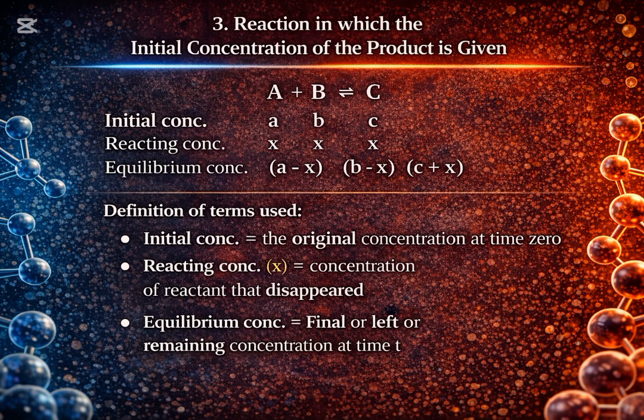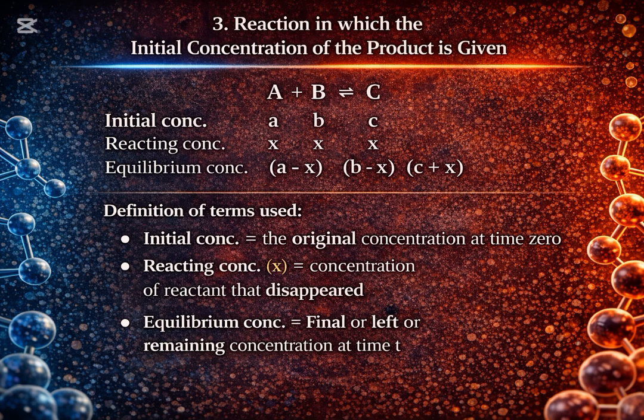So at initial concentration, we have a under reactant A, b under reactant B, and c under product C, because we have the initial concentration of C. At reacting concentration level, we also have x, x, x. Like I said earlier, the amount disappearing from A and B is the same as the amount appearing under C. Equilibrium concentration will now be a minus x under A, b minus x under B, and c plus x under C. I repeat, c plus x.